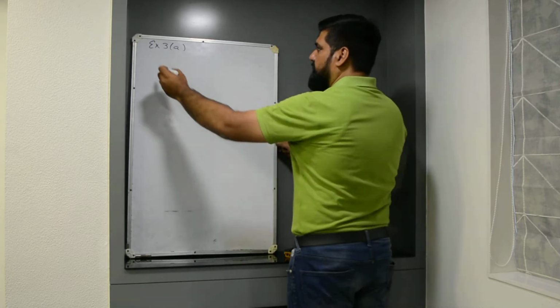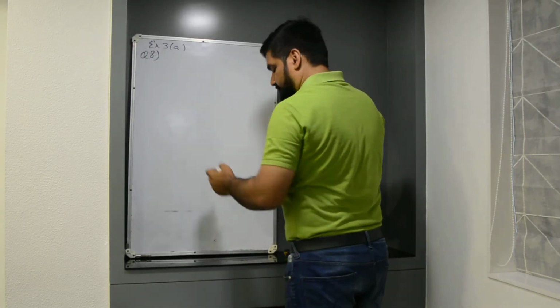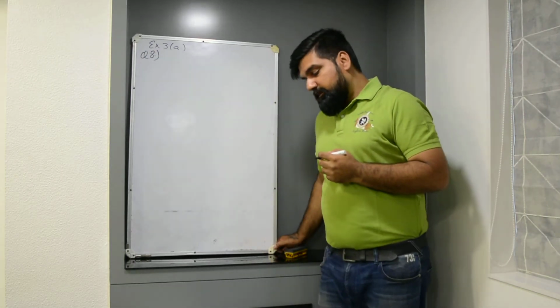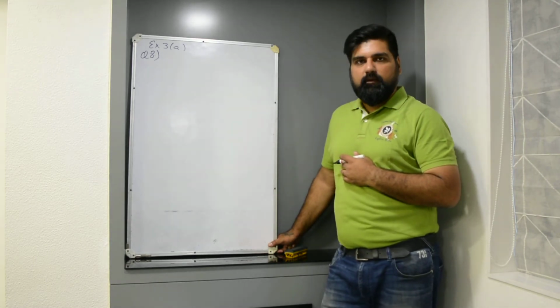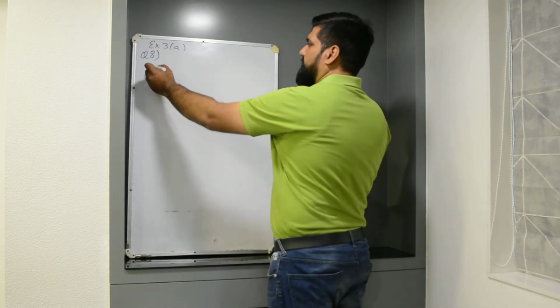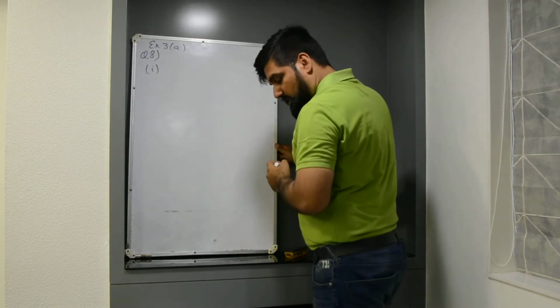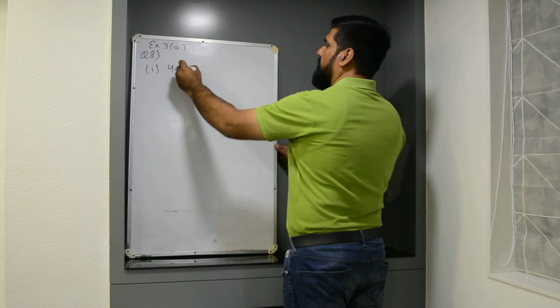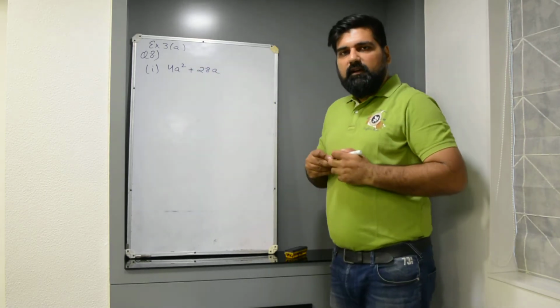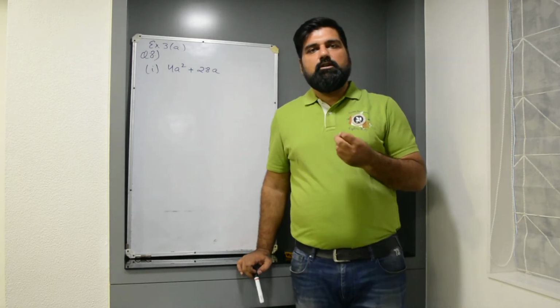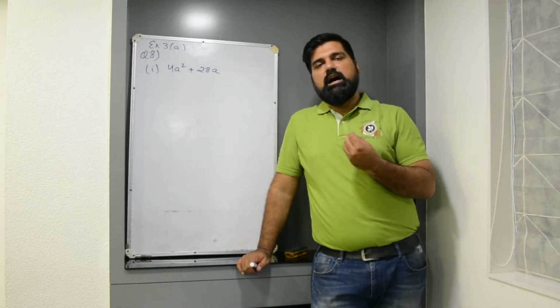We have question number 8. What term should be added to each of the following expressions to make it a perfect square? The first part we have is 4a square plus 28a. So we know that if it is a perfect square, then it will have a first term and a last term.